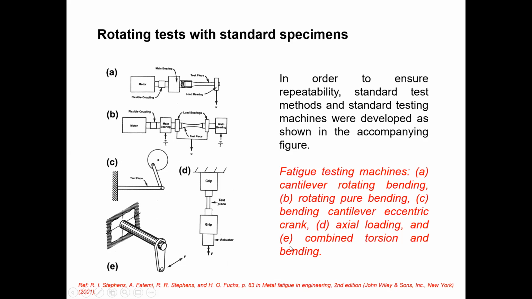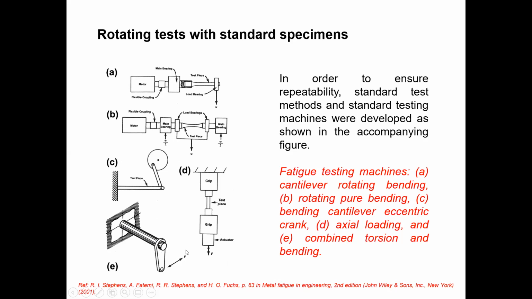And then the fifth method, combined torsion and bending. Here, when you apply the load, the specimen will be bent and at the same time twisted, bending and torsion. So these are the 5 standard methods scientists agree on.